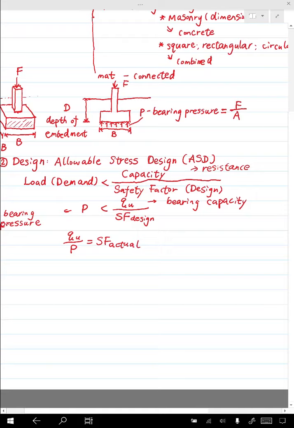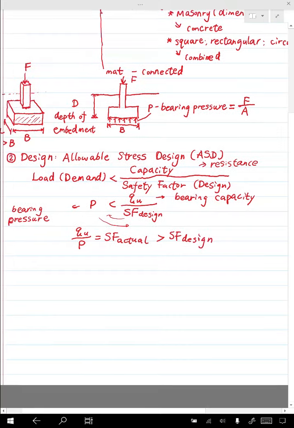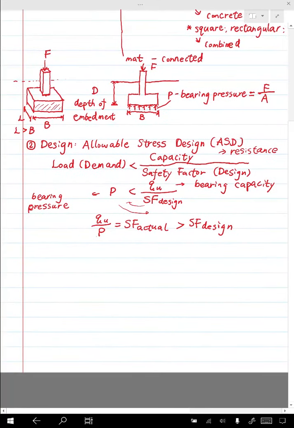So this ratio need to be greater than. So you can obtain actually by move SF here and then move P here. So we get QU divided by P should be greater than SF design. This is the criteria that we will use to tell whether the design is adequate or not.